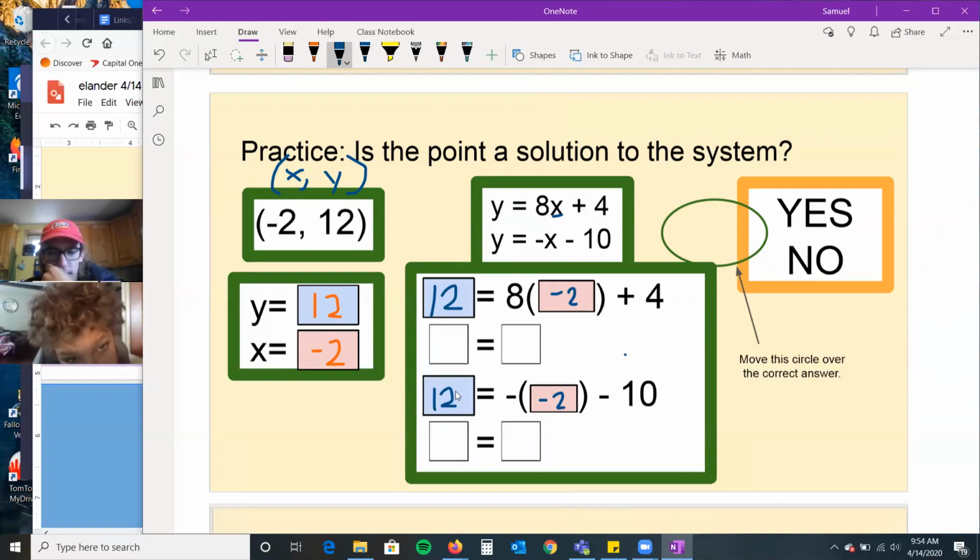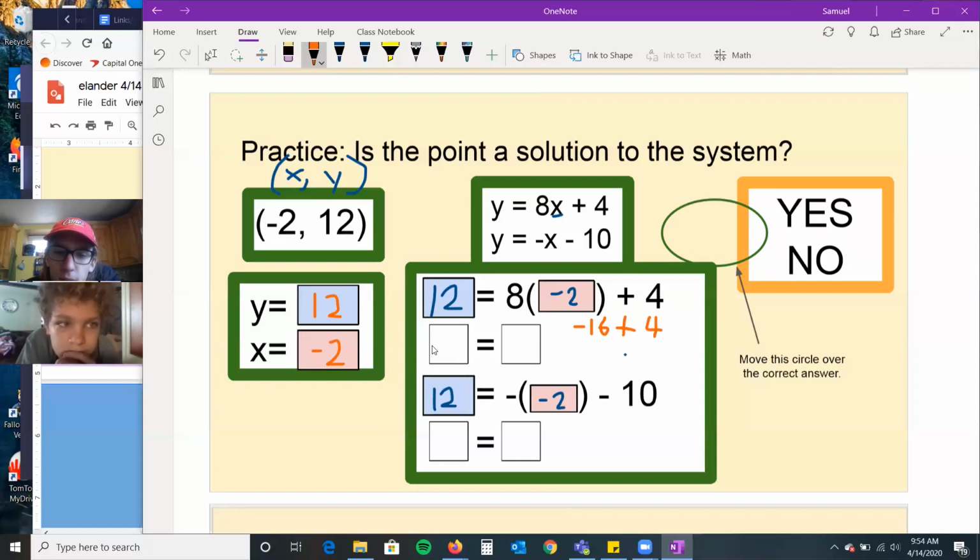All right, now let's see what happens. We got to be careful how we solve to make sure we don't make any mistakes. But we've got 8 times -2 is -16, right? See if I can draw better. Oh, no, can't draw better. All right, -16 plus 4, that's going to take us to -12, right?